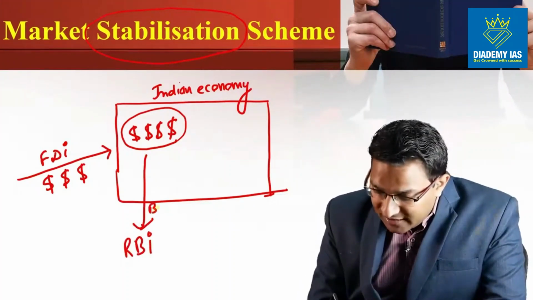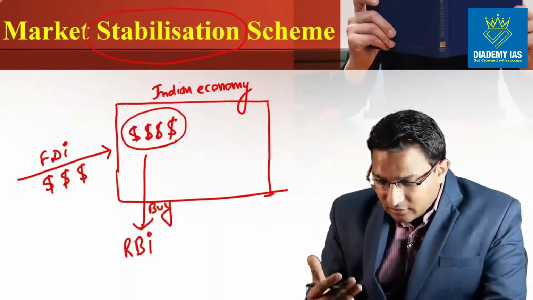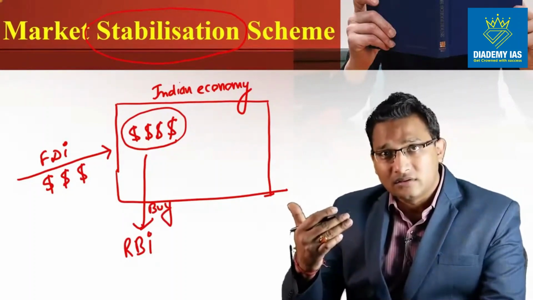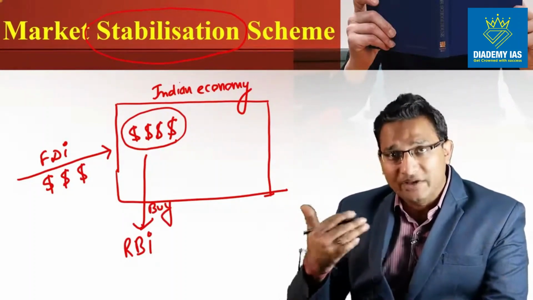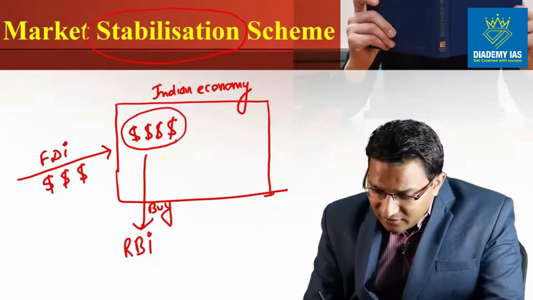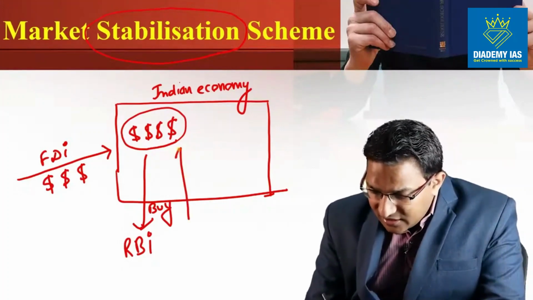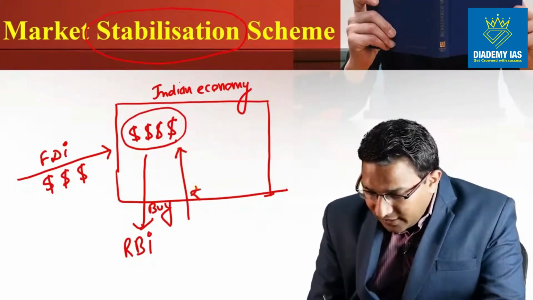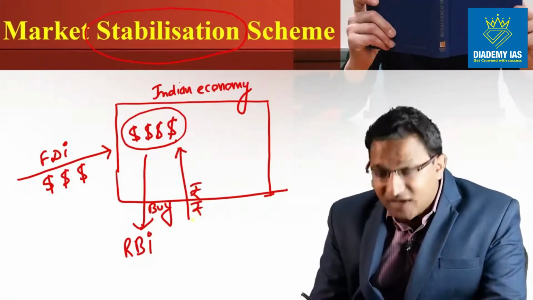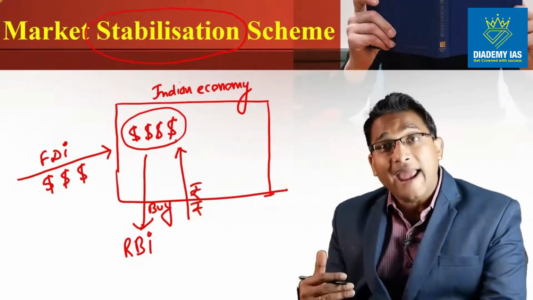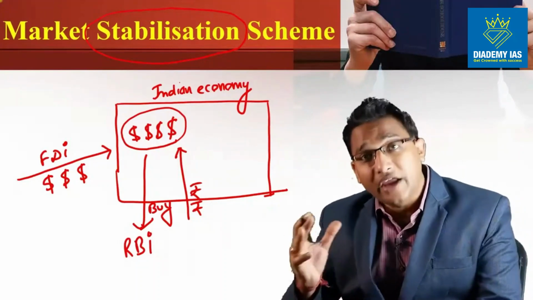So RBI starts bringing the US dollar back from the Indian economy, and in return RBI sends the rupee. RBI will buy the dollar, and in return RBI will give the Indian rupee.